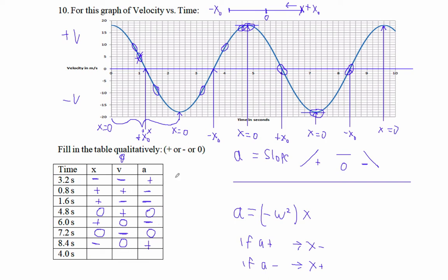So that is definitely a positive slope, which means somehow it's a negative X. Why is it negative X? Because we were just out at the maximum negative X, and we're headed back in, but we are still negative. We'll be negative all the way until 4.8. So at 4 seconds we're still negative X, and our velocity here is positive.